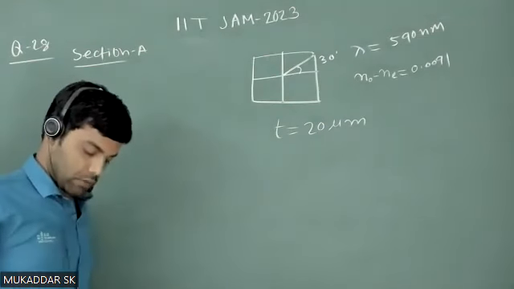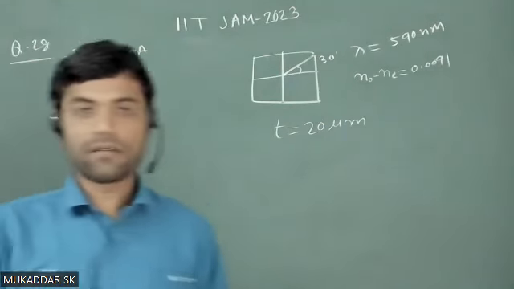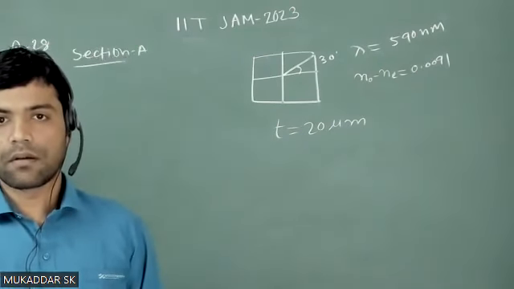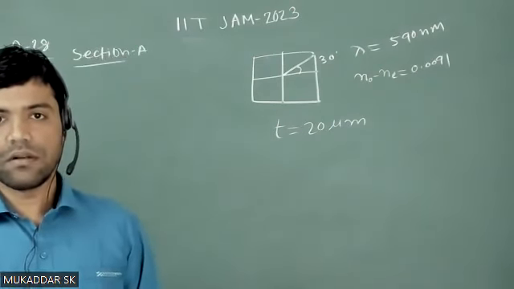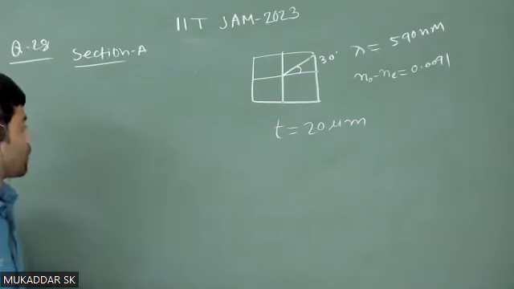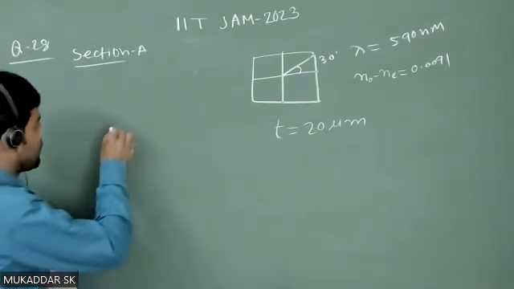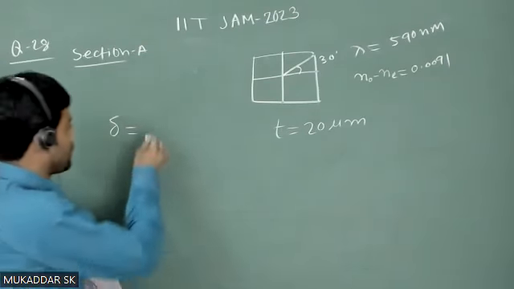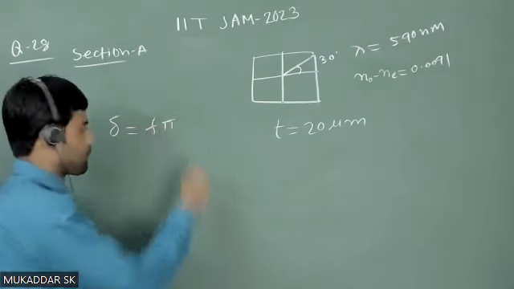So the phase difference between this O ray and E ray after transmission is mentioned as f times pi.